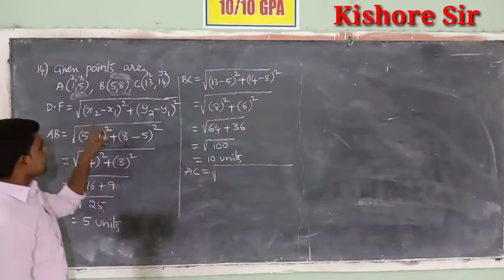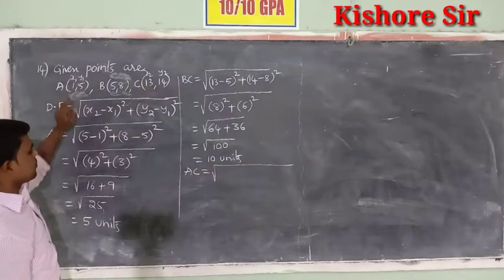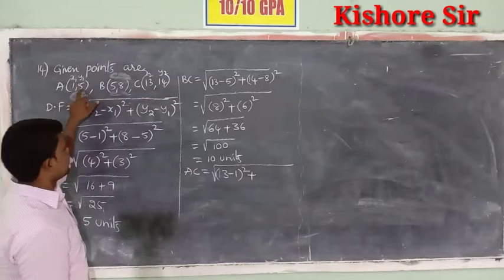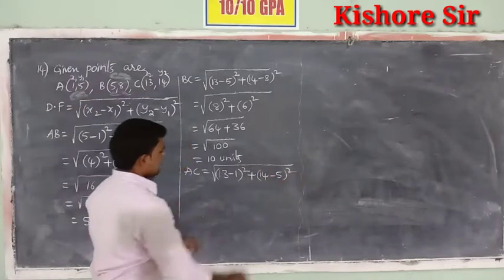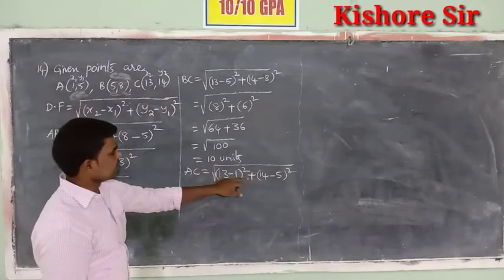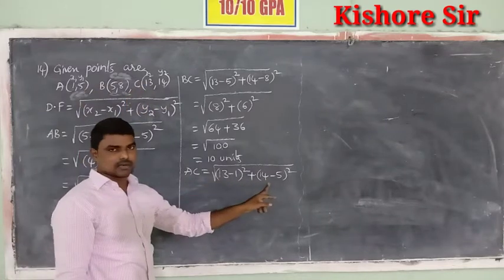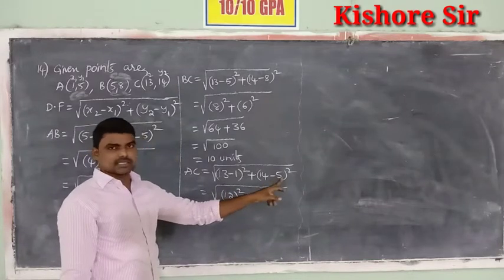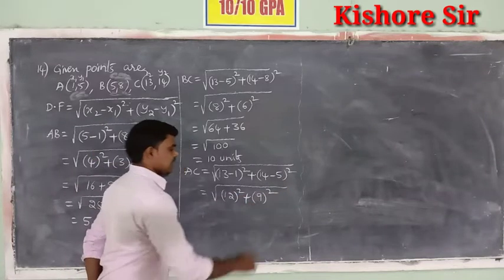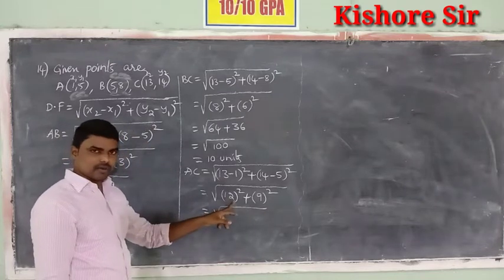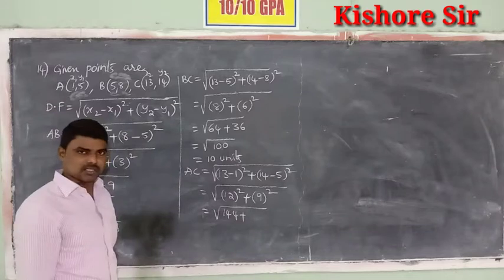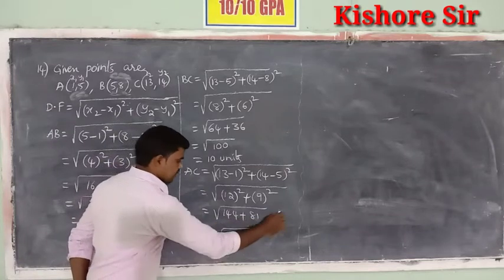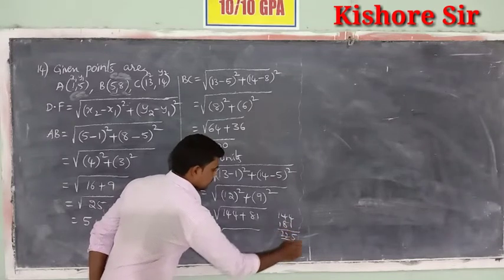So square root of (13 minus 1) square plus (14 minus 5) square, which is square root of 12 square plus 9 square, that is 144 plus 81 equals 225.